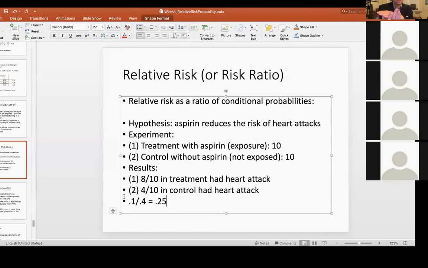So if you reduce the effect by 0.75, you get a 75% reduction. It doesn't tell us the absolute numbers. Because if you look at the absolute reduction, it's the difference between the risk of exposure in each of the two groups.